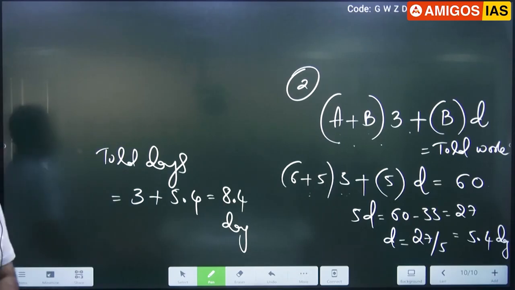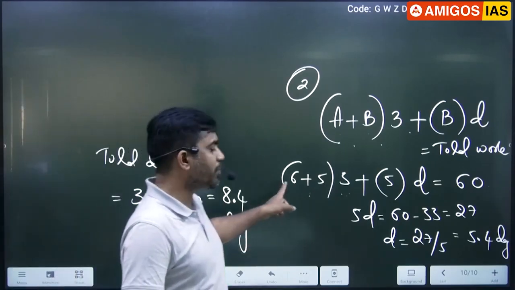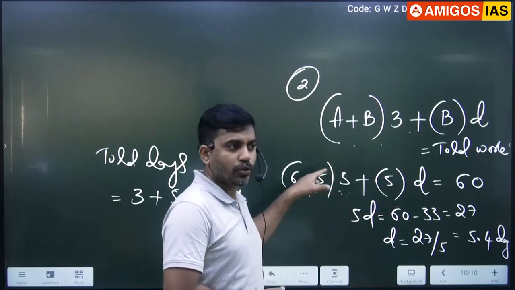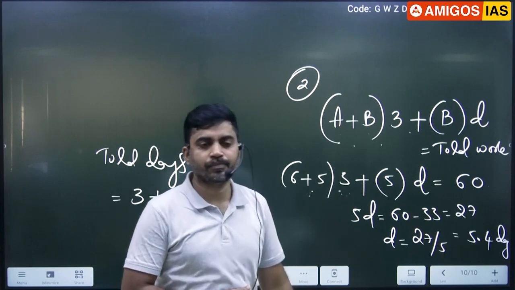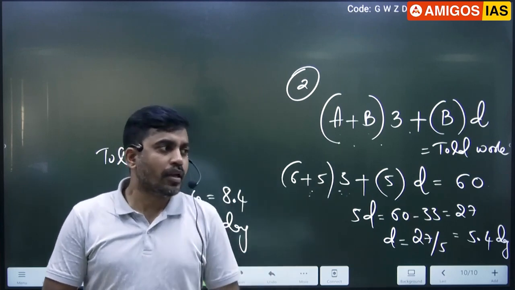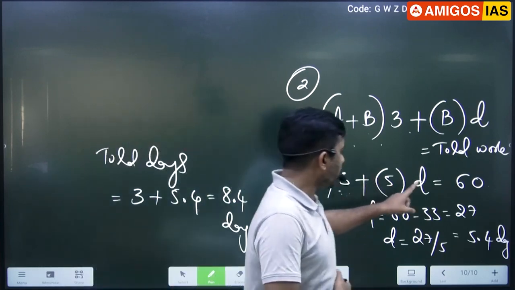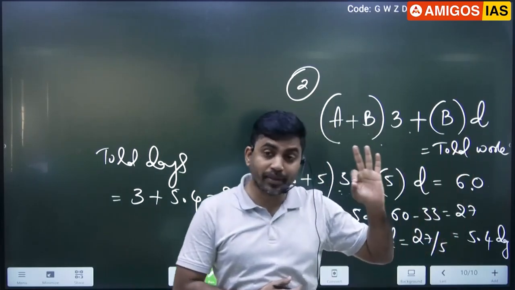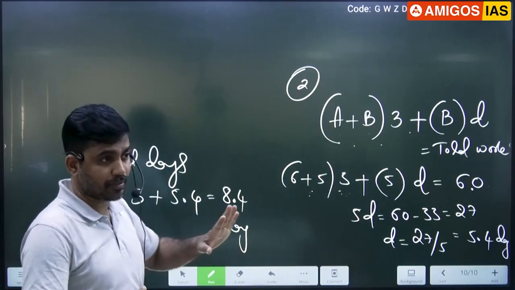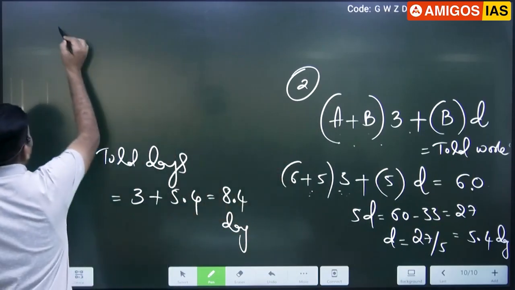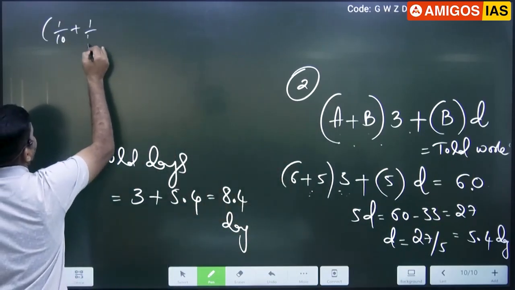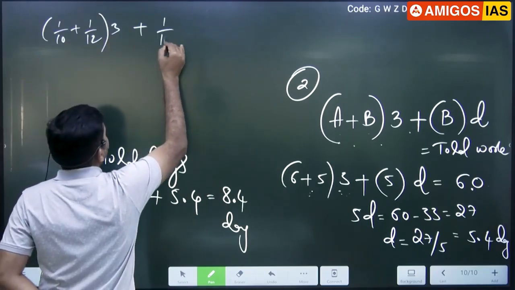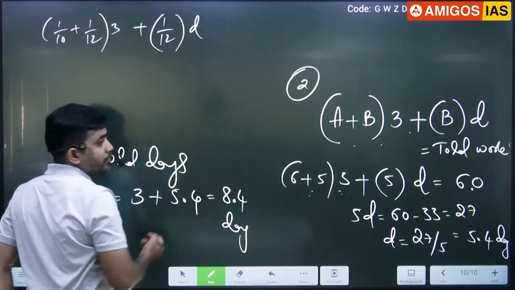How we got this 6 plus 5, all this in LCM method? You know, right? In LCM method, you have to take LCM value here, 60, total work means. In case you follow method 1, the 1 by m method, you will write like this: 1 by 10 plus 1 by 12 for 3 days, then 1 by 12 for D days.